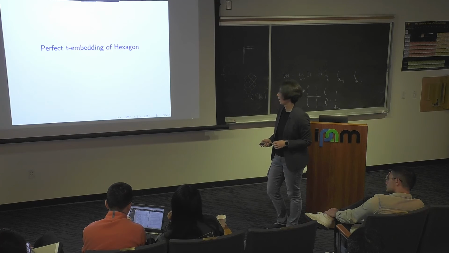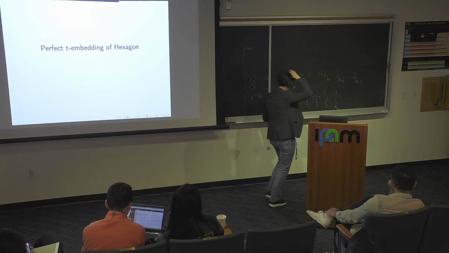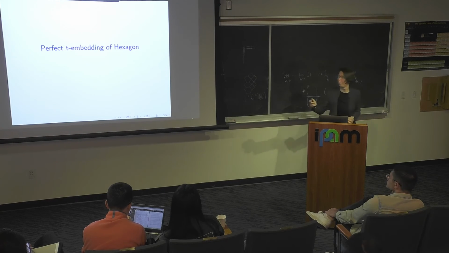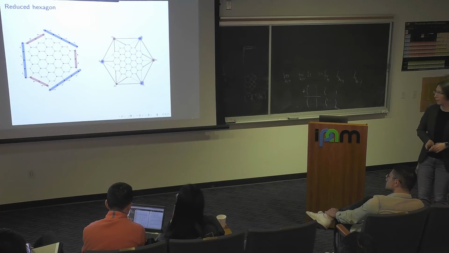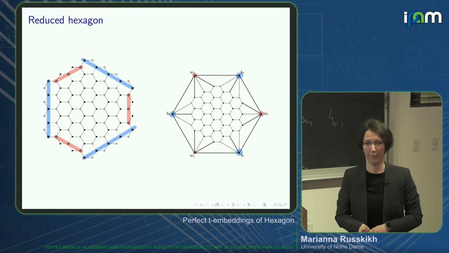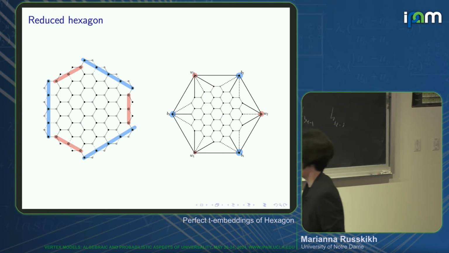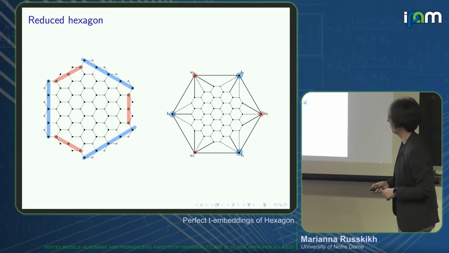All right. So finally, perfect embeddings of the hexagon. The first thing I want to say is that each hexagon has outer degree 6. Recall that we have these elementary transformations, which I showed before.